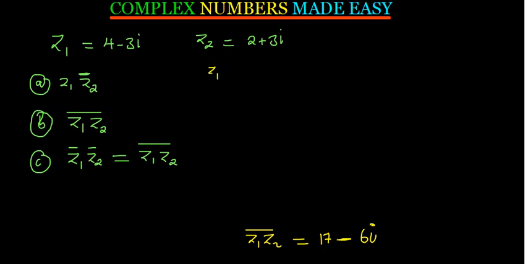So Z1 conjugate times Z2 conjugate is going to be Z1 is 4 minus 3i. But you want its conjugate, so the sign changes to positive. Please, even if this thing was this side, you only change the sign of the thing with an i. So never change the sign of the constant, even if it is the other side.